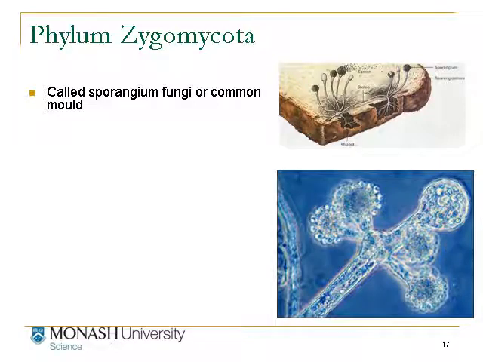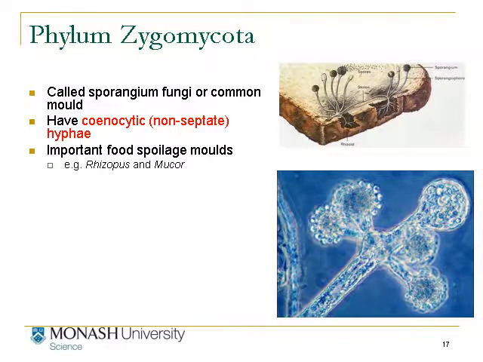In the phylum Zygomycota, these are the common bread molds that you see, and they have coenocytic, non-septated hyphae as a main characteristic. They are also easily recognizable by their formation of sporangium and sporangiophore, carrying dark black tiny spores.